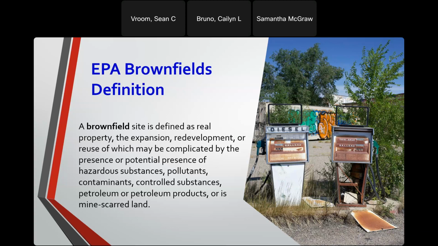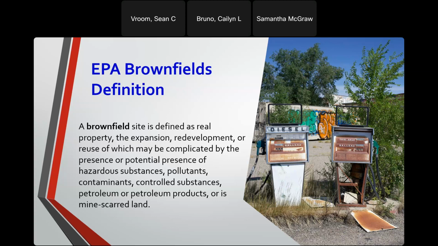To simplify the concept for you, we always use this example. If you have a gas station that's functioning as a gas station and one of their underground storage tanks is leaking fuel, you have a property that has a contamination issue, but because it's being utilized at its full potential as a gas station, it's not considered a brownfield.